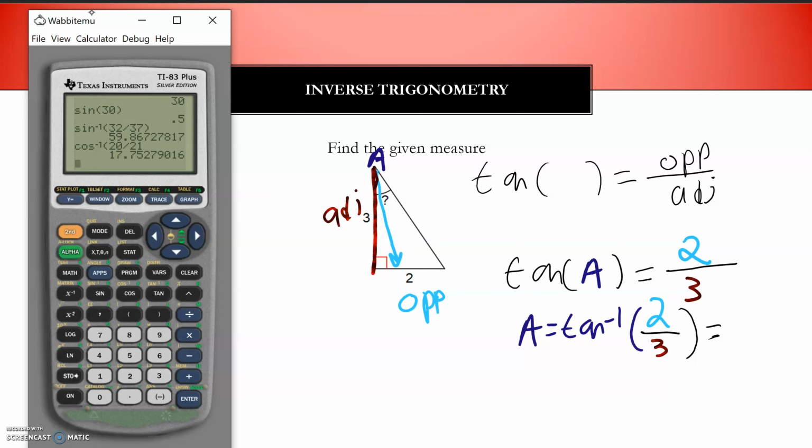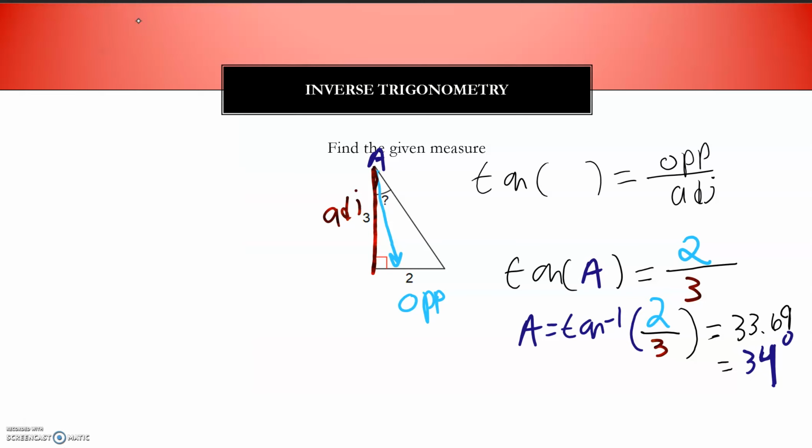So it's perfectly fine now to write angle equals tangent inverse of the fraction. Okay, so it'd be tangent inverse of 2/3, and I get 33.69, and then we can round that up to approximately 34 degrees.